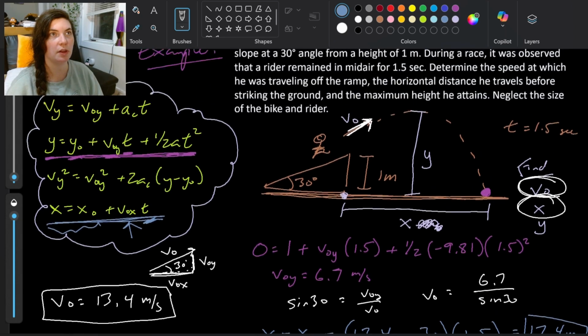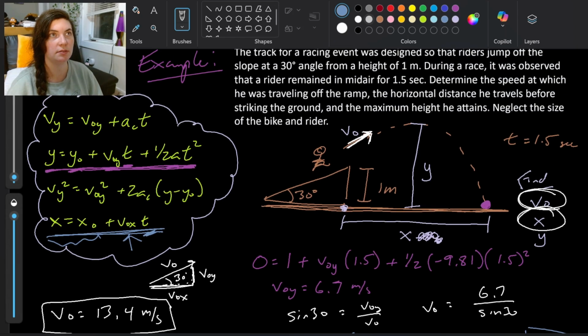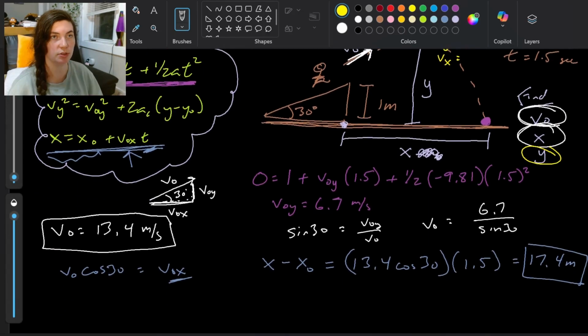And then that leaves us with our last one here. Then y. We want to find the maximum height that he attains. So remember that at maximum height we have a special condition where our y velocity is 0. And we also know our x velocity, because x velocity is constant for something in projectile motion.